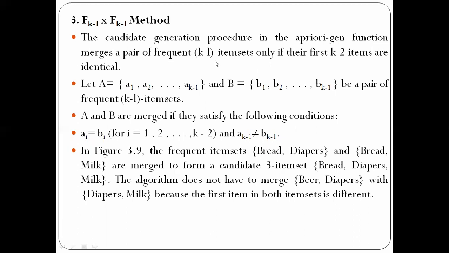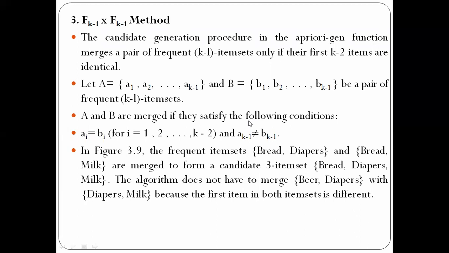If those items match, then only we will be joining. So the condition is ai equals bi for the first k-2 items. If they match, then only we merge these two item sets. That is the procedure for candidate generation in this method, Fk-1 × Fk-1.